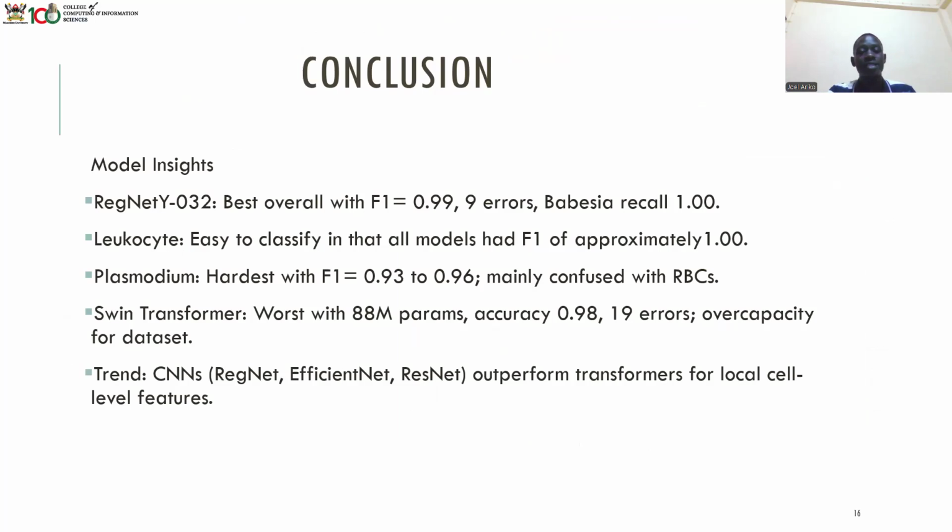Leukocyte was easy to classify, because all the models were able to predict it 100%. Then plasmodium was a bit hard, where we saw F1 scores between 0.93 and 0.96, mainly because it was confused with red blood cells.